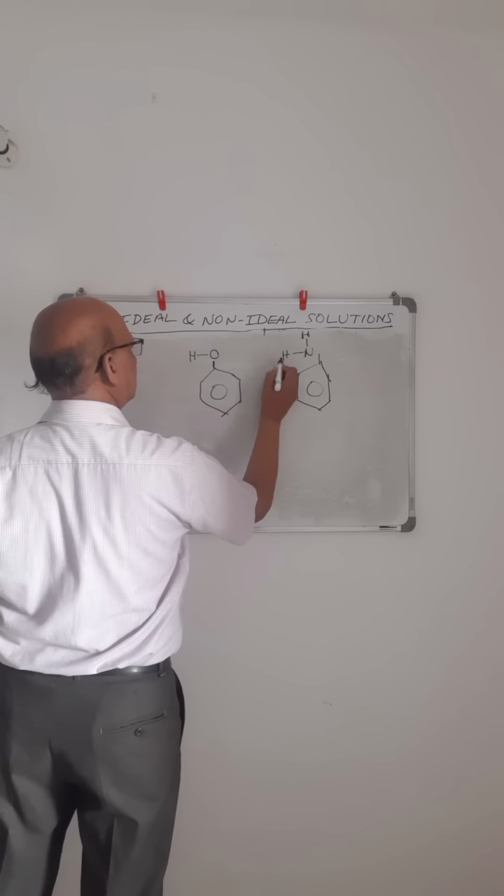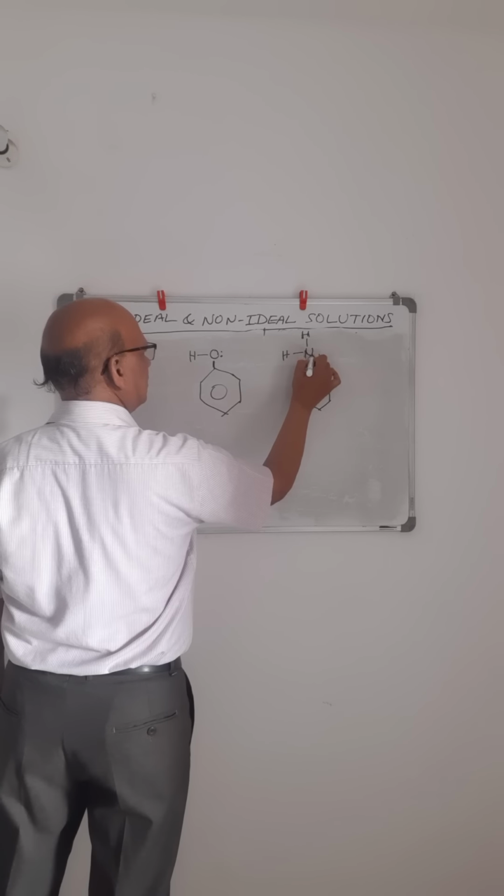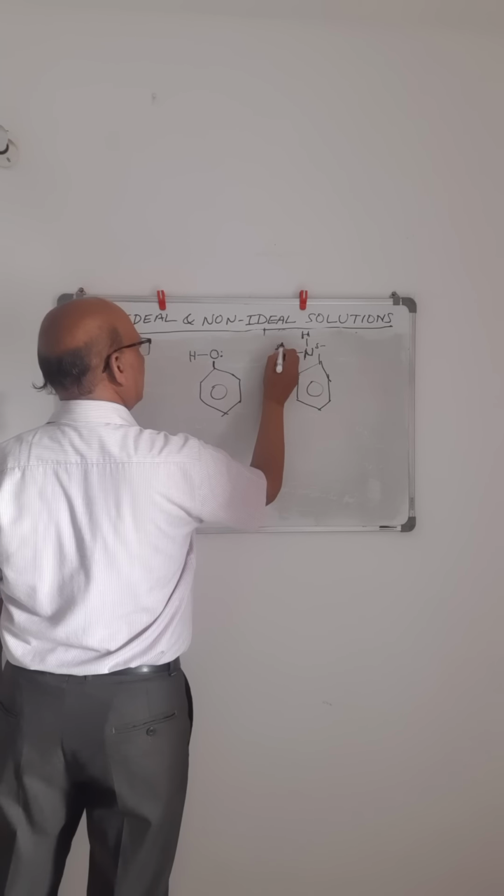Now this oxygen has lone pairs, and this nitrogen is electronegative, so it will have delta minus, and this will have delta plus.